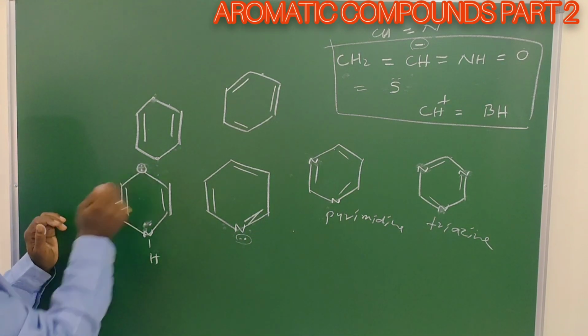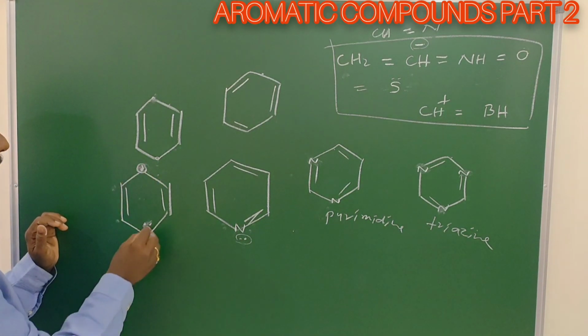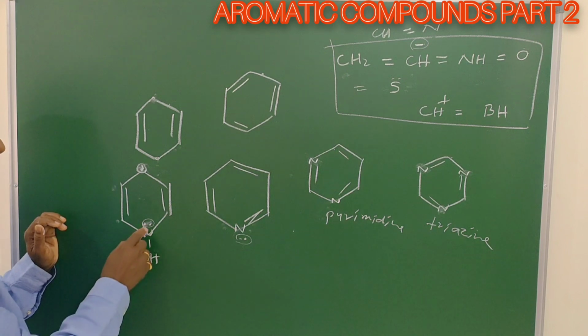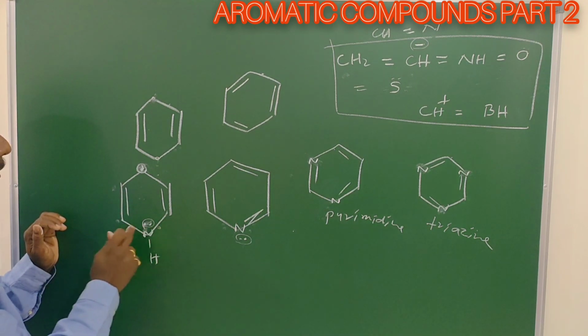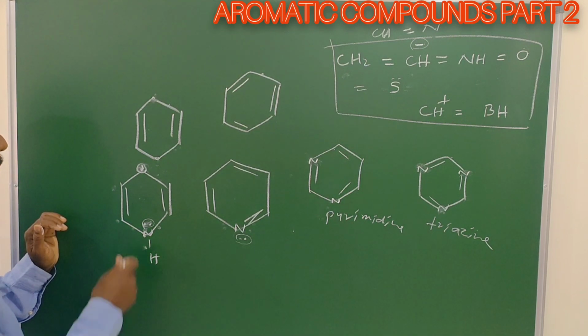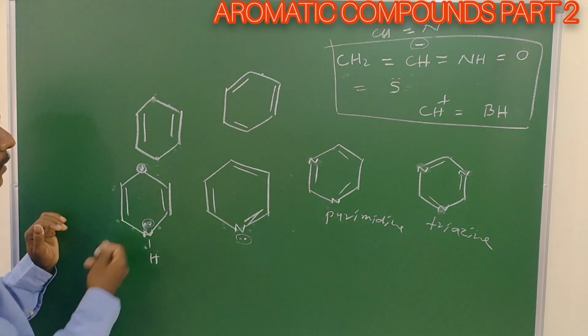All atoms are sp2, it is an sp2 carbon. The lone pair of N is present in delocalization. So what is the hybridization of the N atom? 1, 2, 3, 3 sigma pairs, sp2. Total delocalized electrons 6. So it is aromatic.